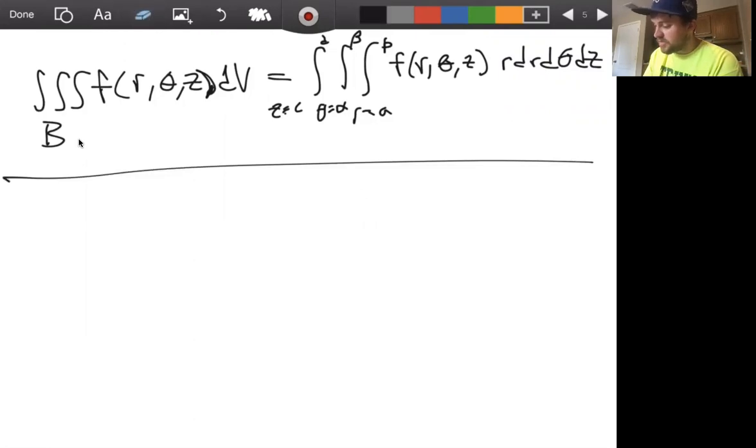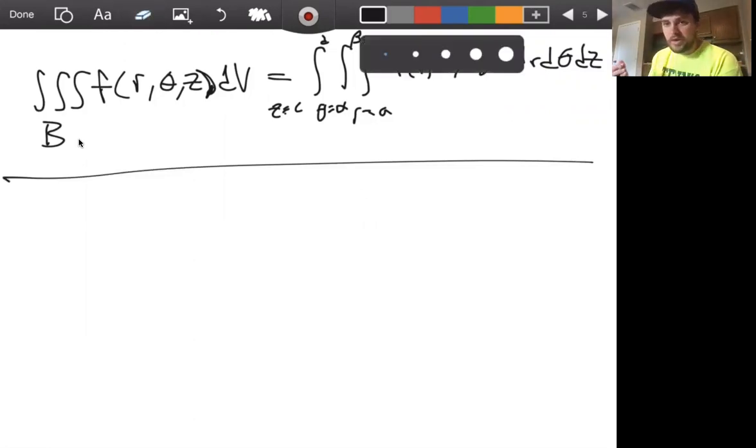So let's see a handful of examples so we're more than comfortable with just the formula, but we can actually use it in practical applications.